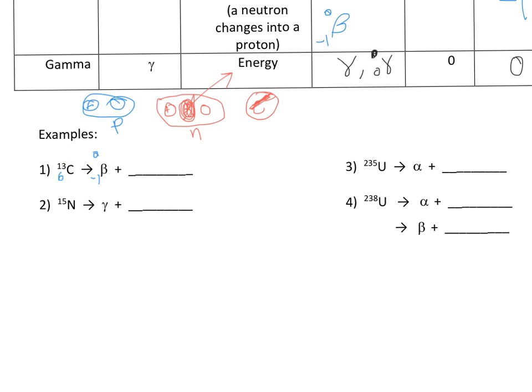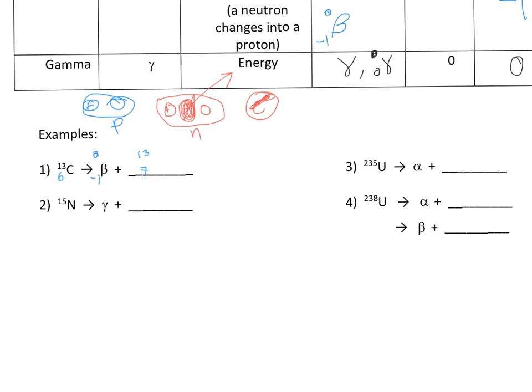The answer is 13. So put a 13 there. Then you go to the atomic number and say what plus negative 1 is equal to 6, because this 6 before the arrow needs to equal whatever is here total after the arrow. What plus negative 1 would equal 6? That would be 7. So you put a 7 for the atomic number.